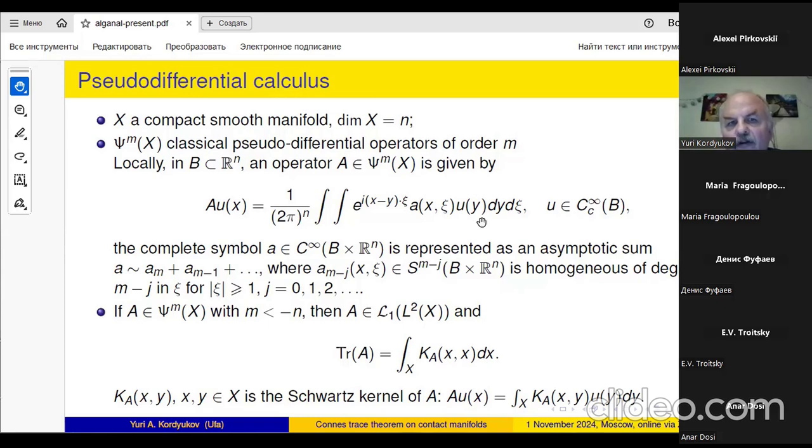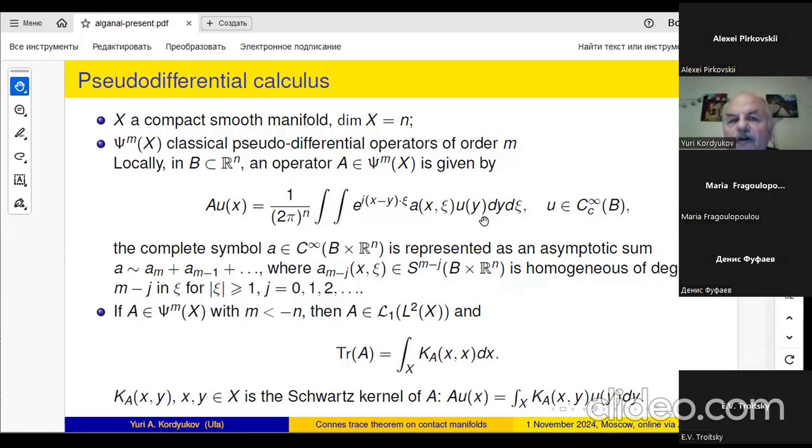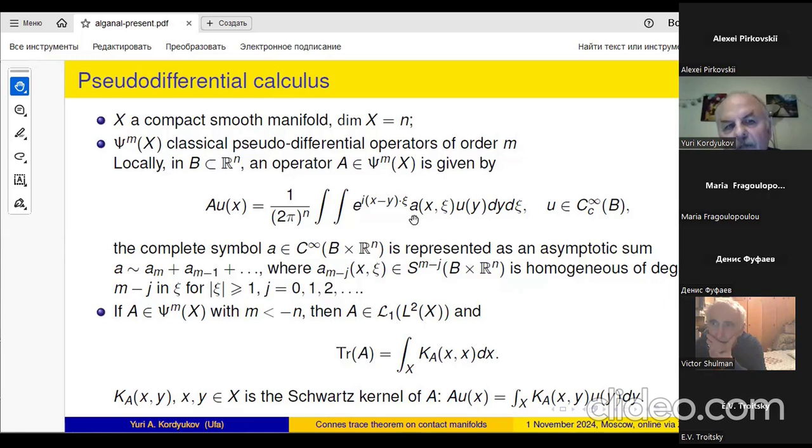But pseudo-differential operators are like inverses of elliptic differential operators, or maybe complex powers of them. So this A is not a polynomial, but a kind of polynomial-like. So the complete symbol is an asymptotic sum of homogeneous components. So A is represented as a sum of homogeneous components.